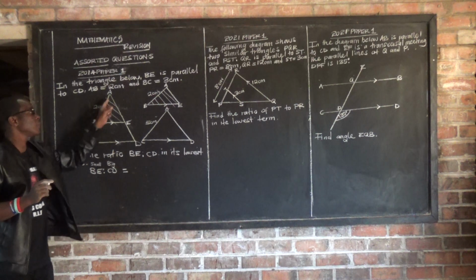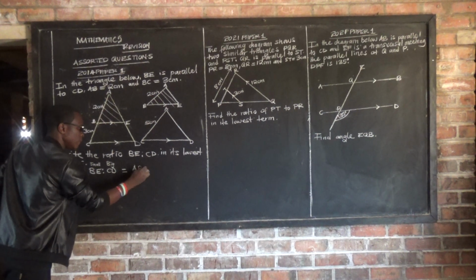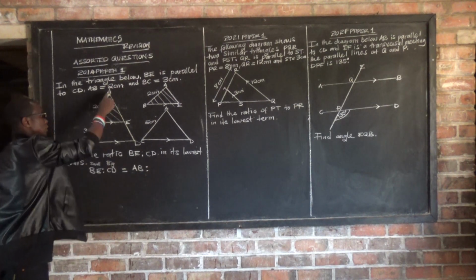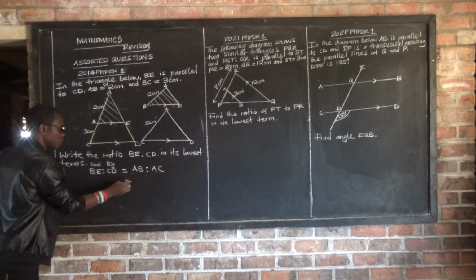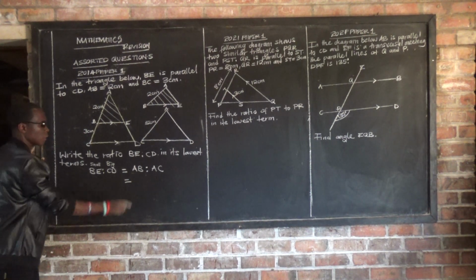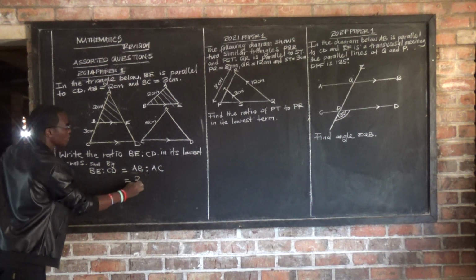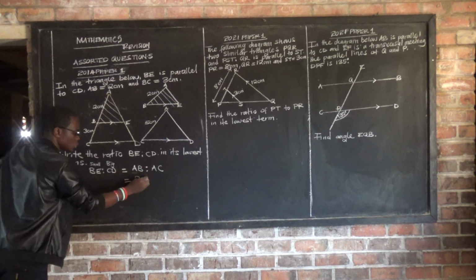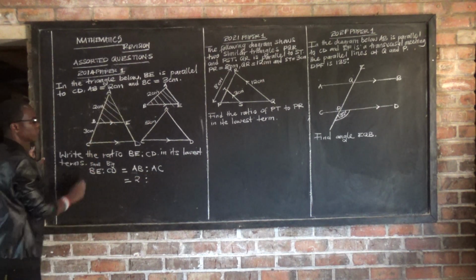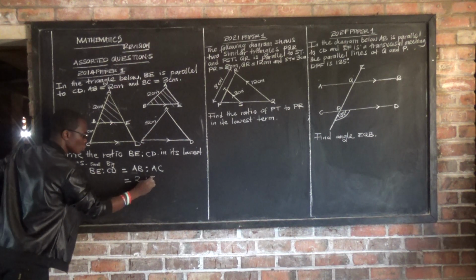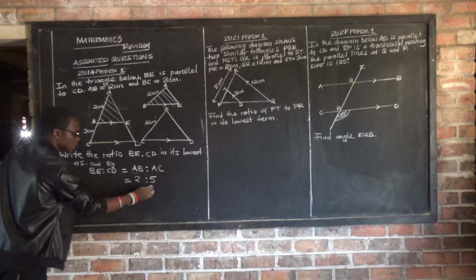We have AB, so AB to the big one, AC. AB is 2, and AC is 5. So the ratio is 2 to 5.